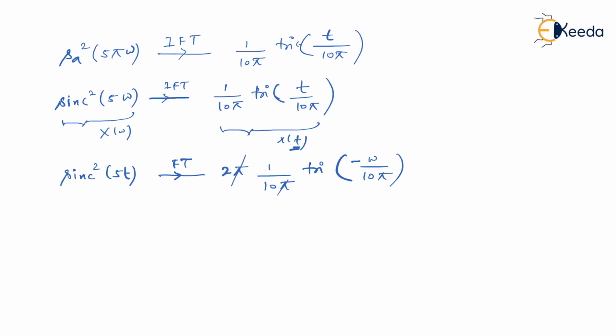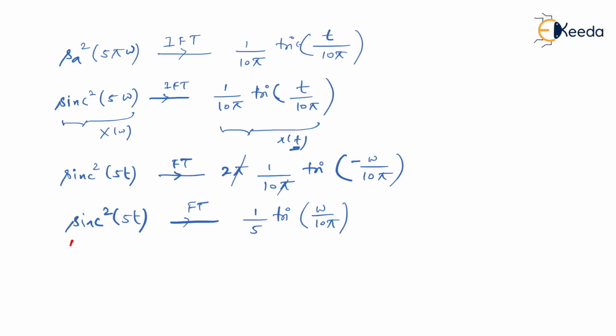So here pi gets cancelled. What is remaining is a Fourier transform as 1 upon 5, a triangular function of omega by 10 pi. We know that since a triangular function is an even signal, the triangle function of minus omega is the triangle function itself. So this is finally sin square 5t's Fourier transform.